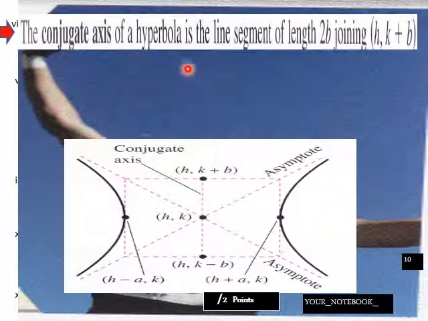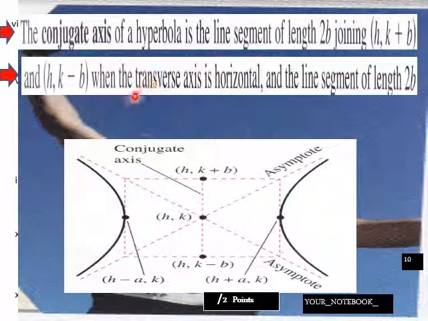The conjugate axis of a hyperbola is a line segment of length 2b joining (h, k plus b) and (h, k minus b) when the transverse axis is horizontal.